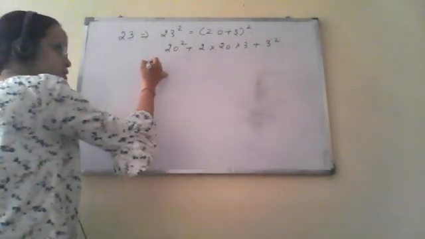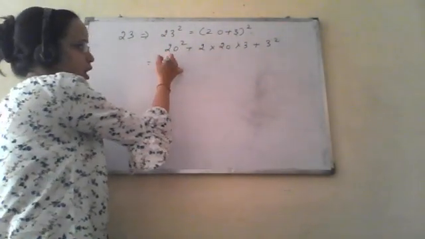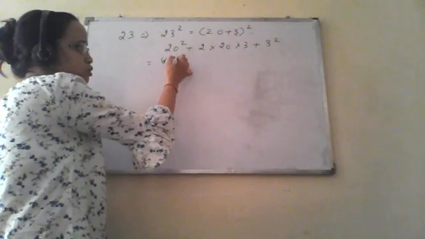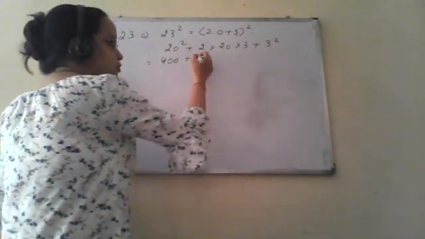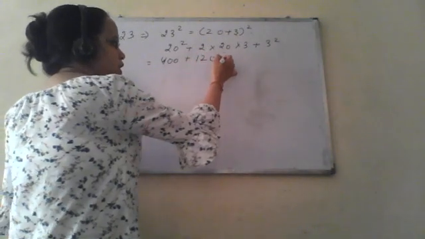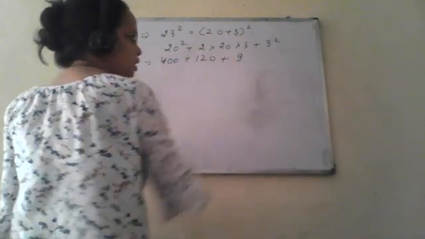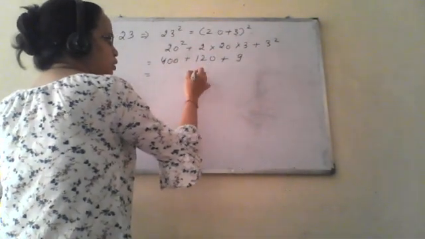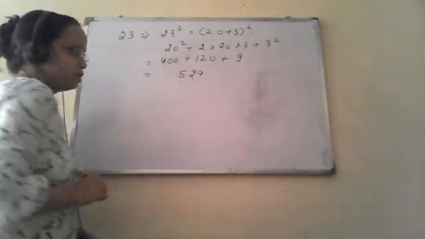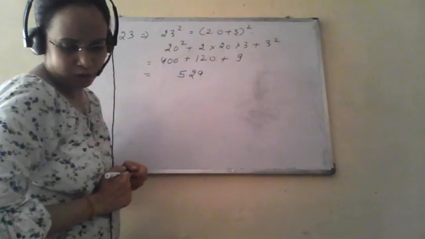So 20 square is easy. 2 into 2 is 4, and for this 0 we have to put 2 zeros at the end. When we multiply this, it will become 120, and this is 9. So the square of 23 is 529.